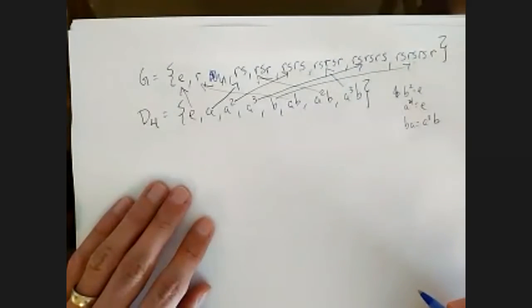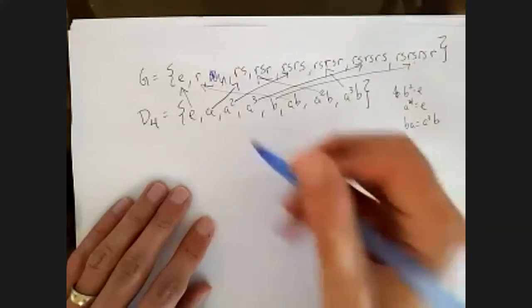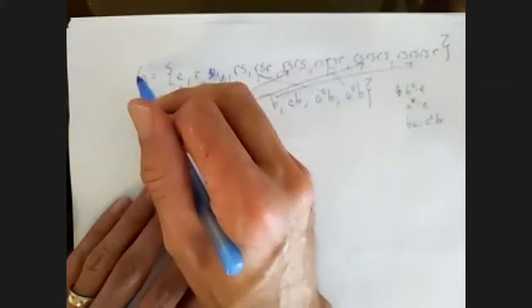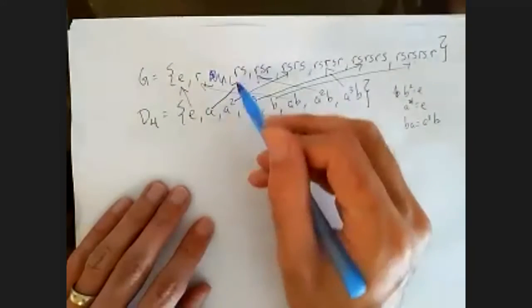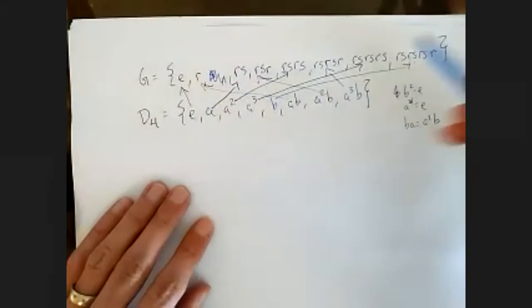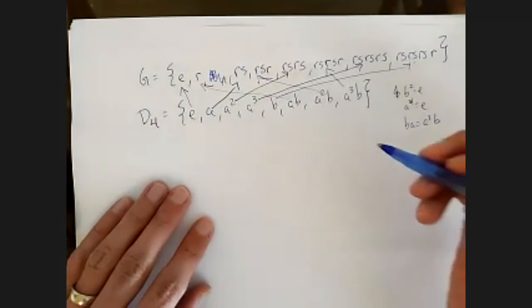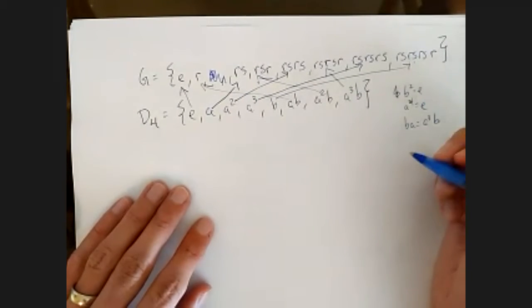So instead of doing it the way I did, I could have told you, here's a function from D4 to G. You send A to RS, A squared to this, A cubed to this, following all these arrows, and that gives you a one-to-one and onto function from D4 to G. And I might ask you to prove that this is a homomorphism.